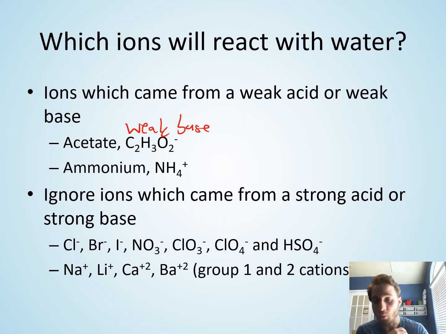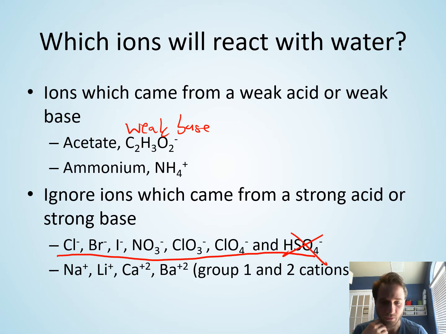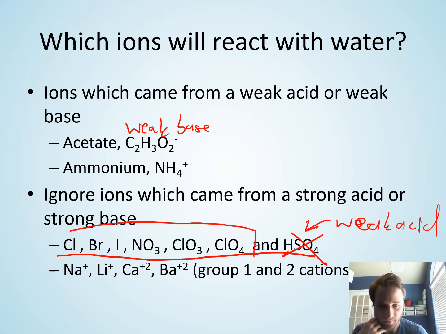This is a reason why we need to remember our strong acids and strong bases, to identify that every one of these ions that are conjugate bases of a strong acid won't affect the pH. Actually, let's not talk about HSO4-, because HSO4- itself will act as a weak acid. But the rest of these, Cl-, Br-, I-, and so on and so forth, will not.